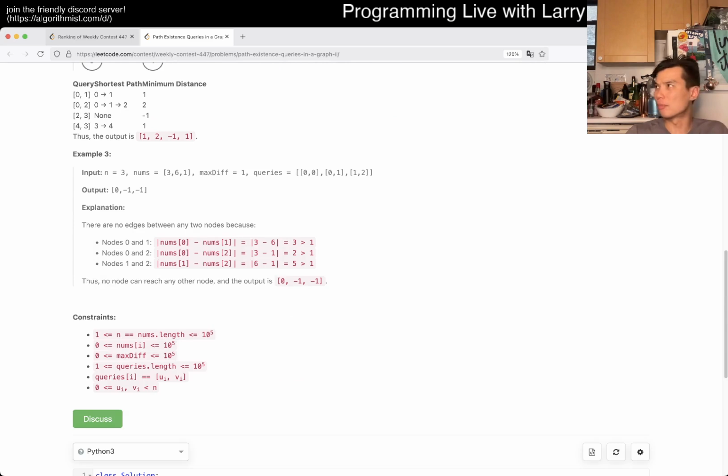How do you do jumps? Do I have to do the queries live? Oh, the numbers are unique. No, I guess they don't have to be. That makes it actually look annoying, but maybe, I don't know.